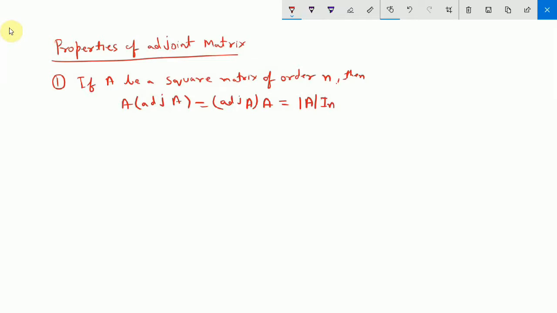Okay, so the product of a matrix and its adjoint is commutative.